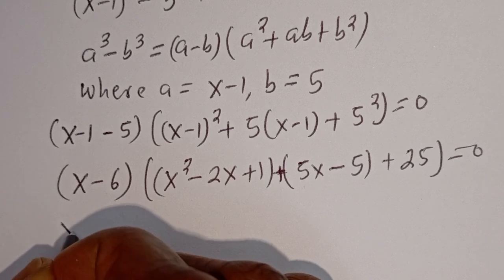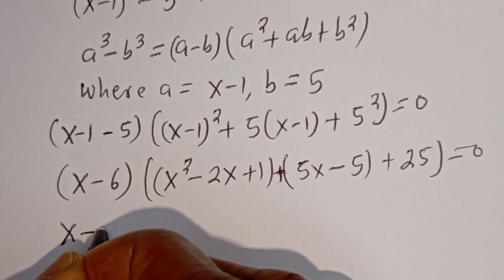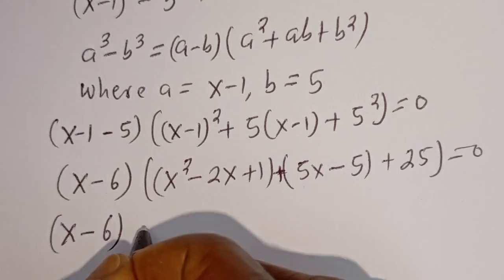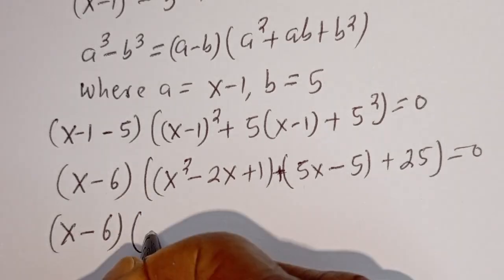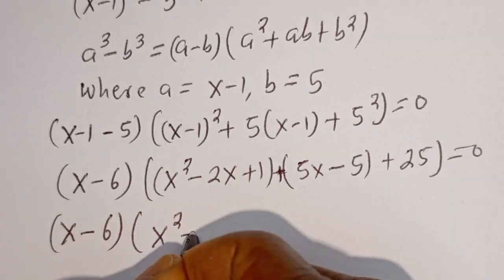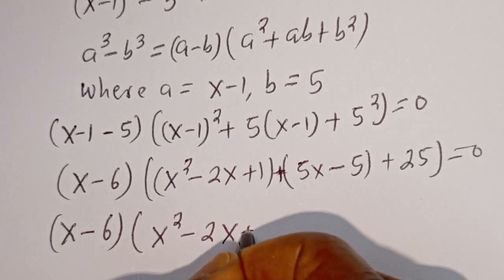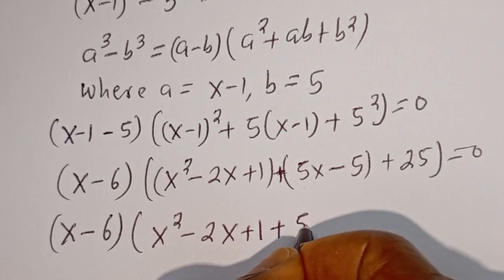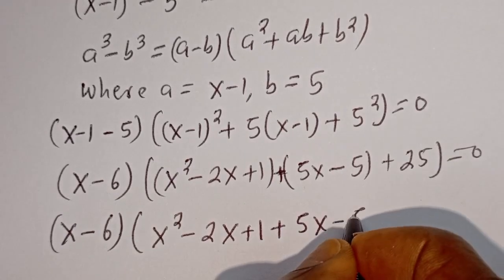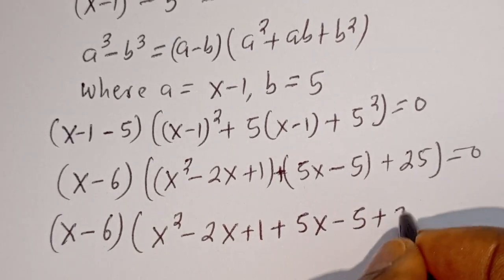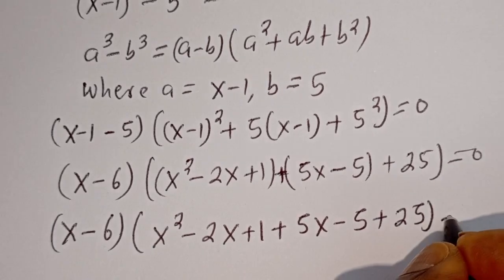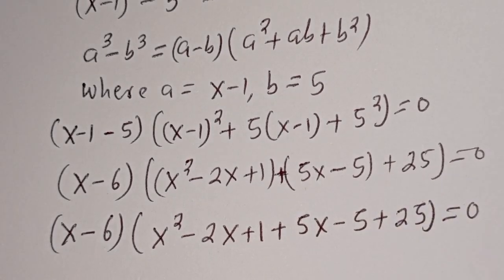Then here we have x minus 6 bracket x square minus 2x plus 1 plus 5x minus 5 plus 25 is equal to 0.